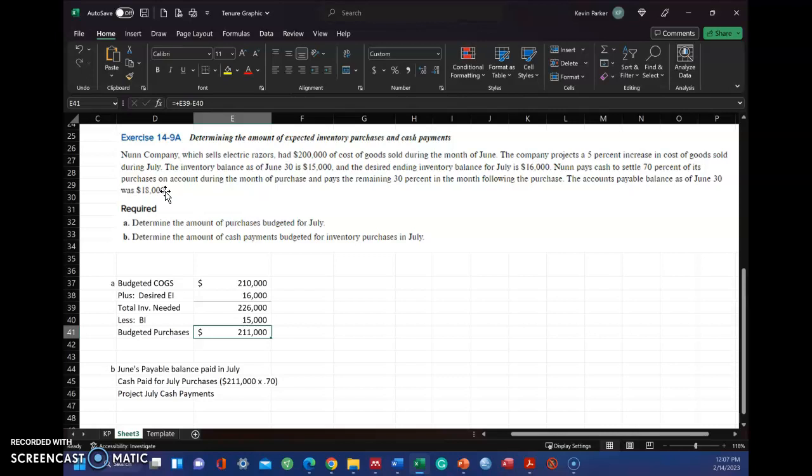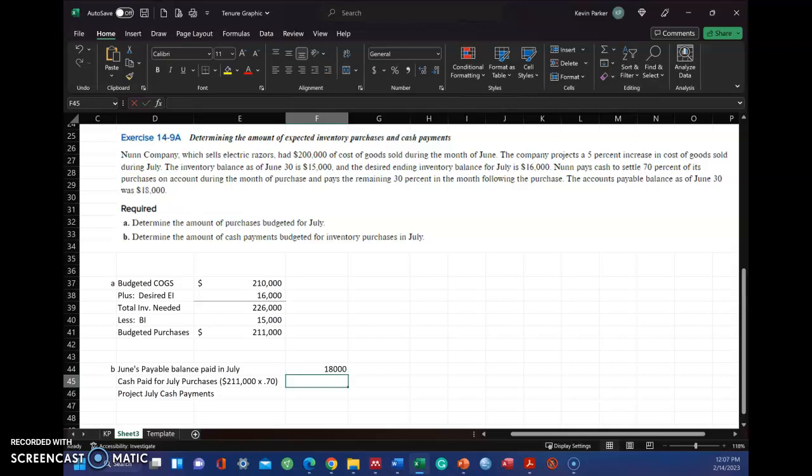We could calculate what was charged to accounts payable in June in total if we wanted to, as we know the math, but we don't need it. The only thing we need to know is 18,000. That's the ending balance, or July 1st balance, of payables. And now they're going to pay that all off according to the problem. Whatever's left from the prior month is paid off in the following month, and it's a split of 70-30. So 30% of what was not paid off in June is $18,000.